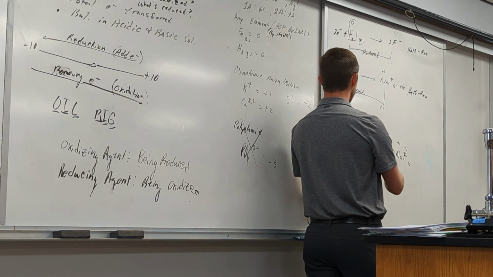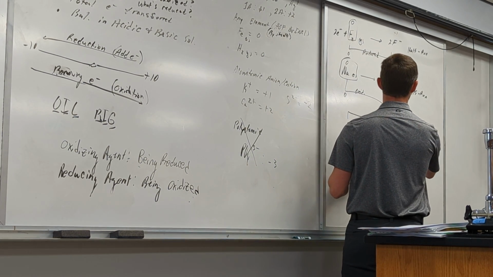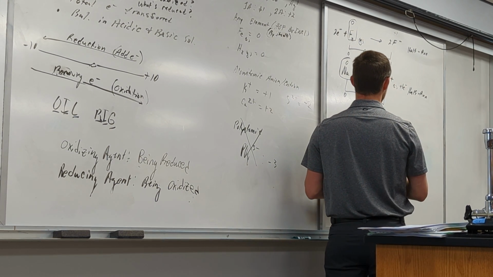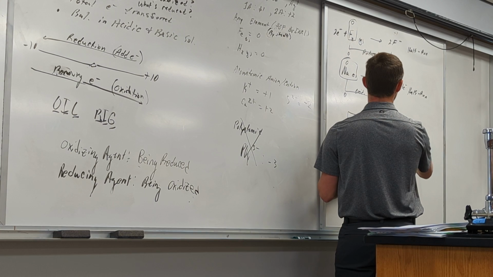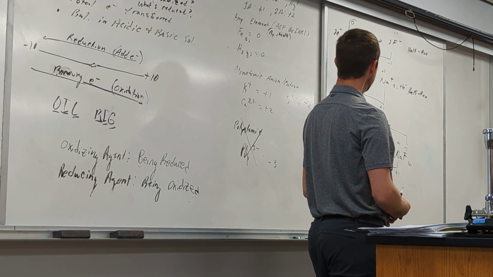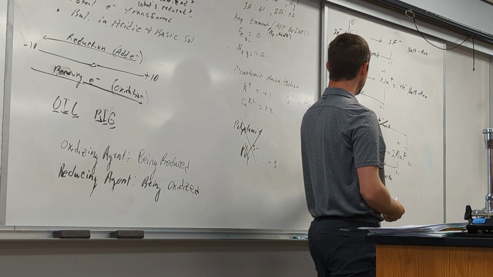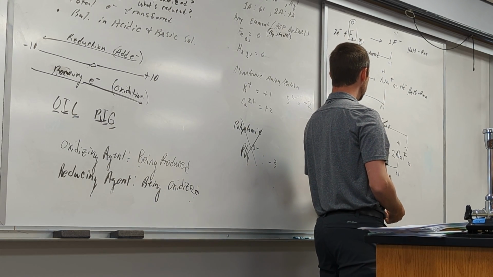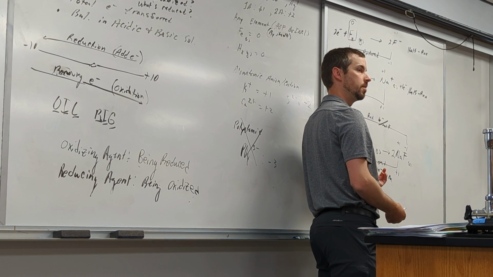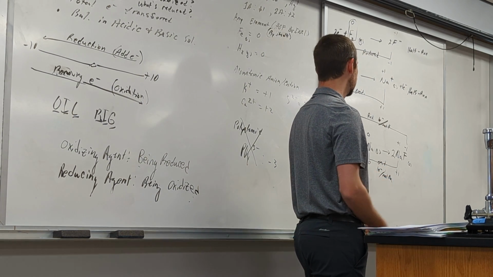And same thing here, right? This fluoride or fluorine goes from 0 to -1, so that's a reduction. It required 1 electron per mole of fluorine atom. So if you have 2 fluorines, you need 2 electrons, and we got those 2 electrons from sodium, right? So sodium gave up the electrons.